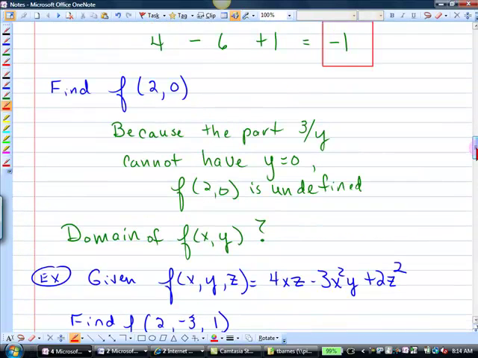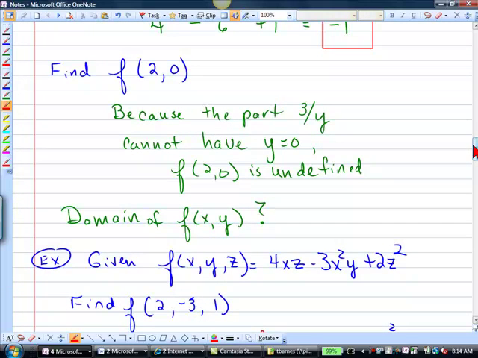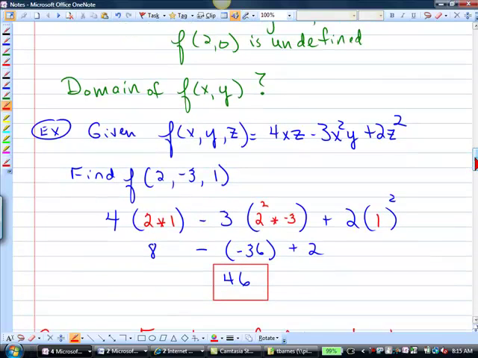All right. Here's one. Given f of x, y, z, now we've got something different. 4xz minus 3x squared y plus 2z squared, and find f of 2, negative 3, 1. And you're just going to plug in 2 for x, 1 for z, 2 for x squared, and negative 3 for y, and just plug in all the way, and you should get 46.